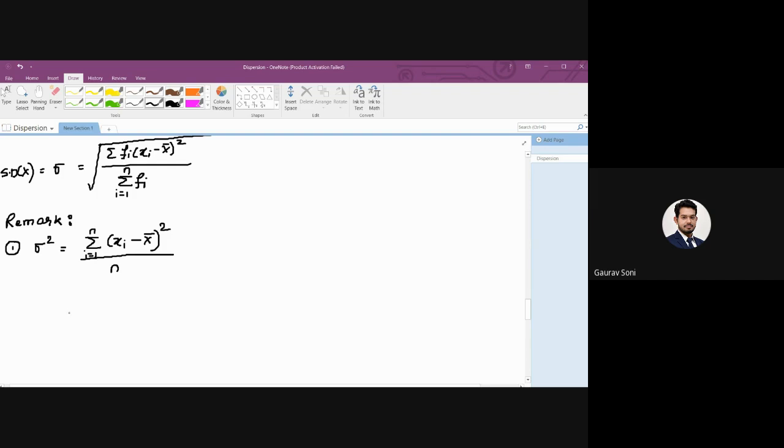If we square the numerator, we get xi square minus 2 times xi into x bar plus x bar square, total divided by n.